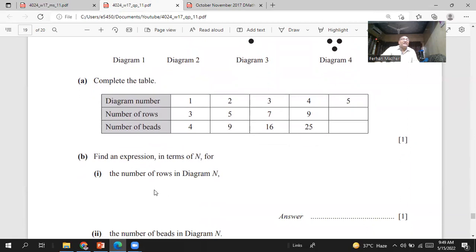Find an expression in terms of n for the number of rows. The numbers are 3, 5, 7, 9. This is the pattern: 2 is added each time, so it will be 11 here. So I can find the nth term. A certain number is being added to get the next number, so the formula is A plus D bracket n minus 1.